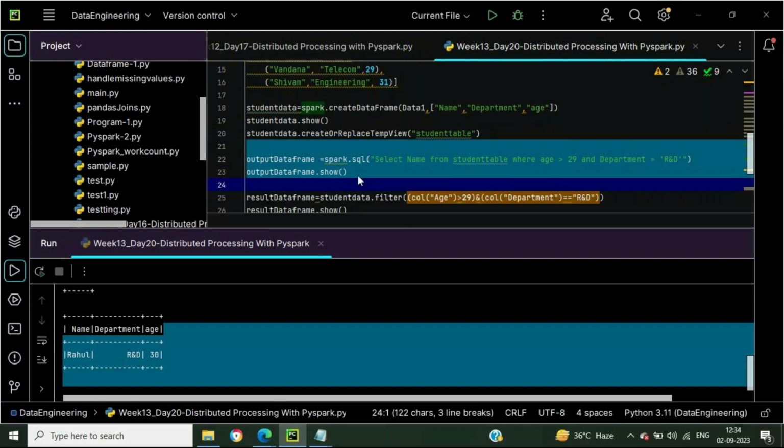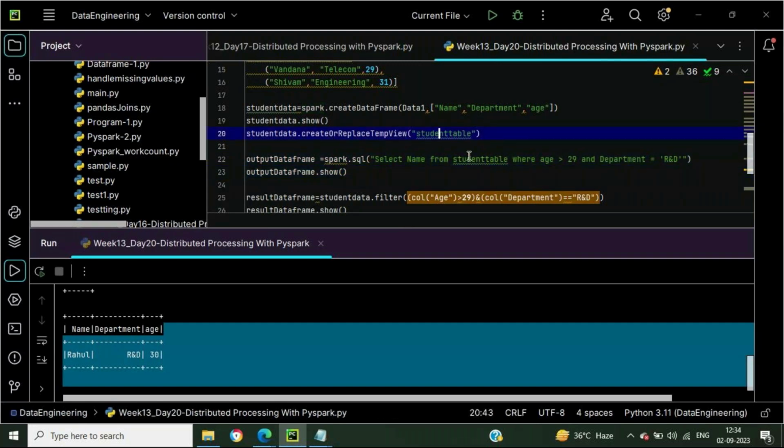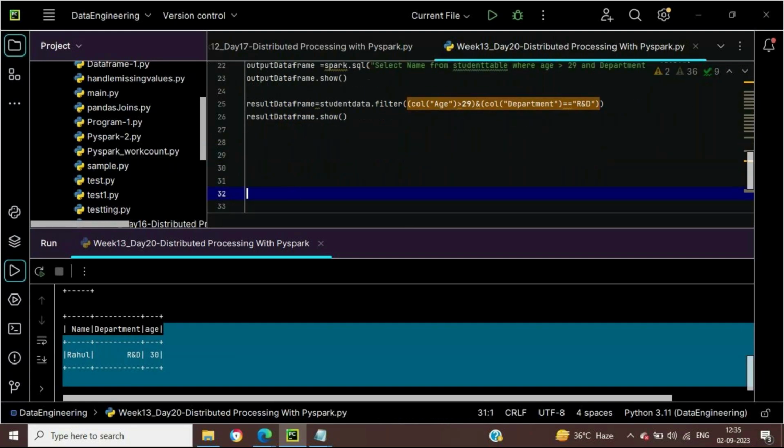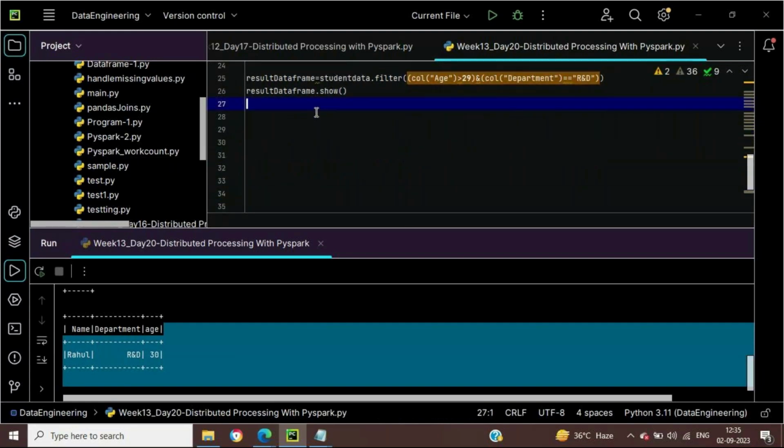From that view, we did the execution with respect to our requirement. Whatever query we executed, we did the same thing with the PySpark data frame. Now what I want is to write it in Parquet format. I just want to have the outcome in Parquet format.